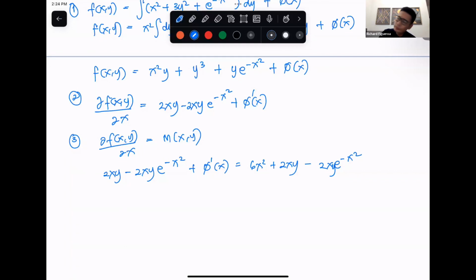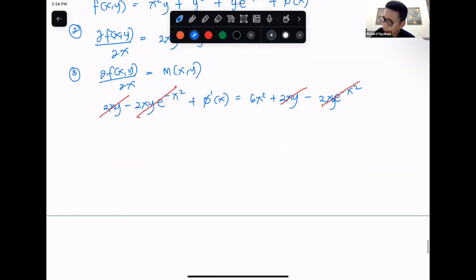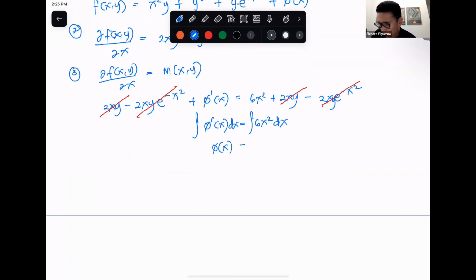So 2xy and 2xy cancel, negative 2xy e raised to negative x squared on both sides cancel. That's what remains: p prime of x equals 6x squared. We integrate this with respect to x. So p of x will be 6 times x cubed over 3, that will be 2x cubed.